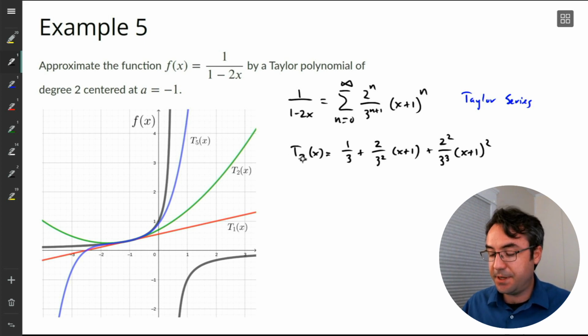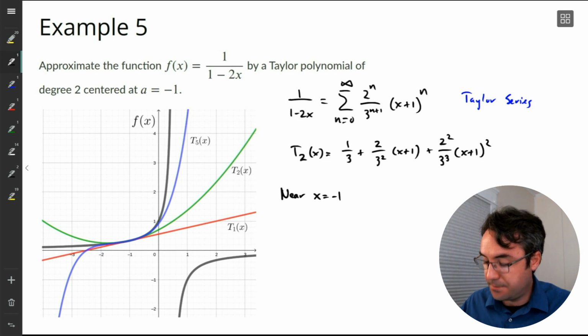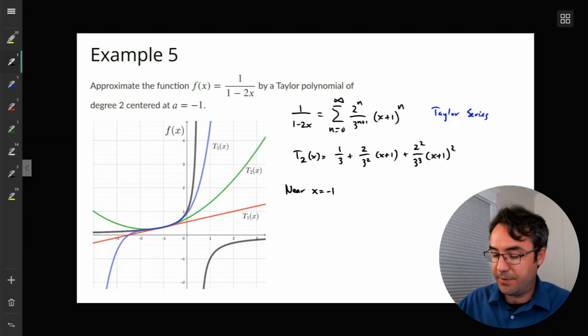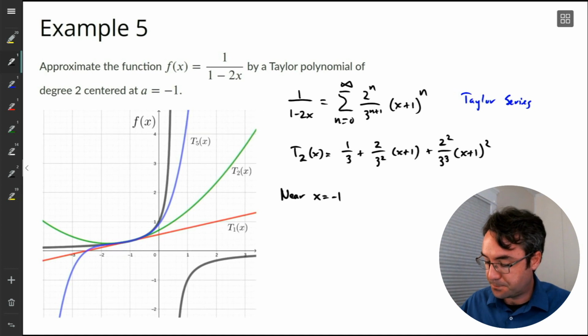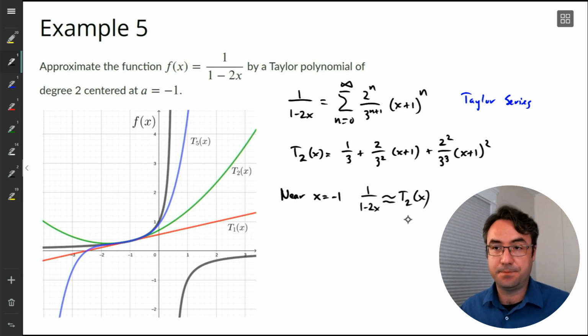This is the Taylor polynomial for this function. So near x equals -1, right around that center point, our function 1 over 1 minus 2x is approximately equal to the Taylor polynomial.